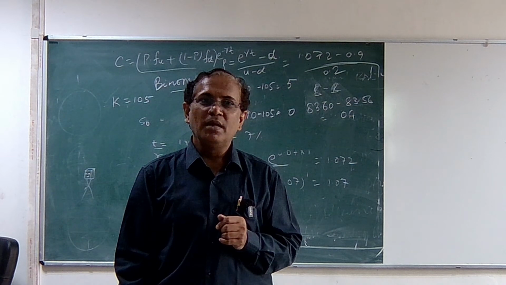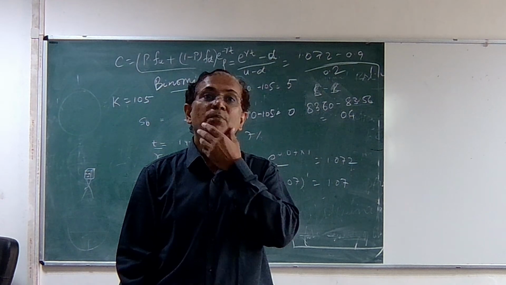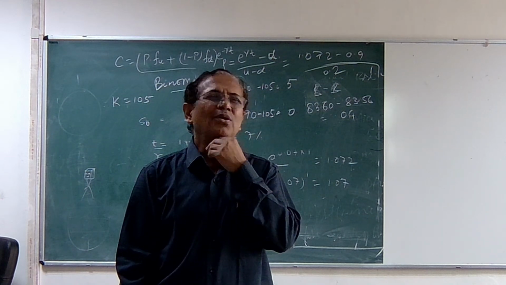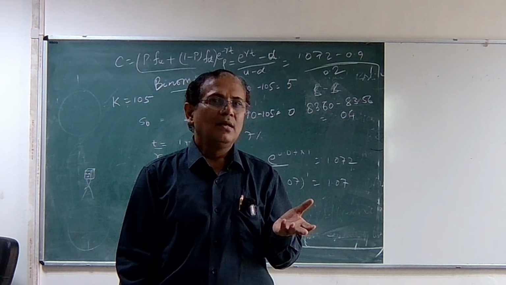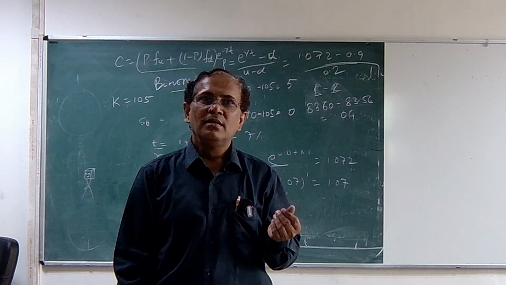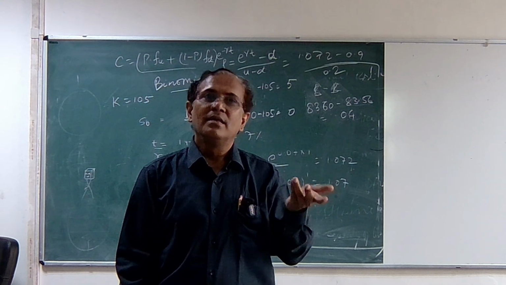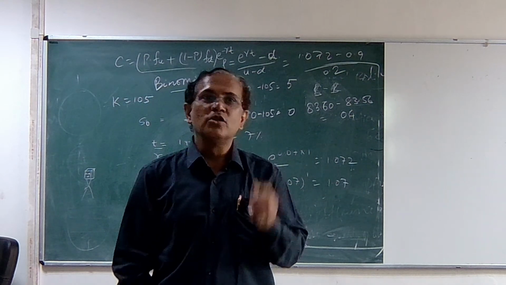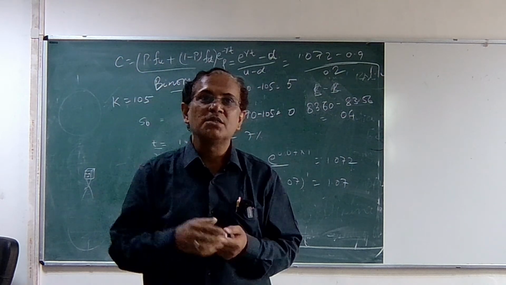So e to the power minus rt is how much? Oh no, that was e to the power rt. I am now talking about e to the power minus rt. Otherwise you can directly put power minus 0.07.